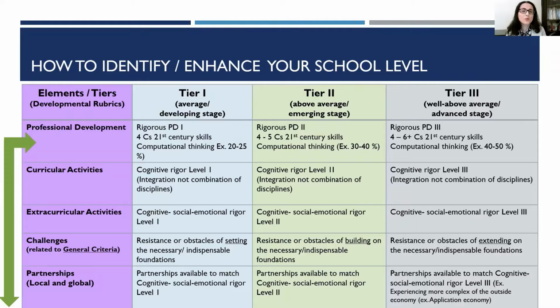If we really want to work authentically on implementing STEM in our schools, we have to look at what we are doing, not what other schools are doing, at least at the beginning, to know where we actually stand and to know how to progress afterwards.